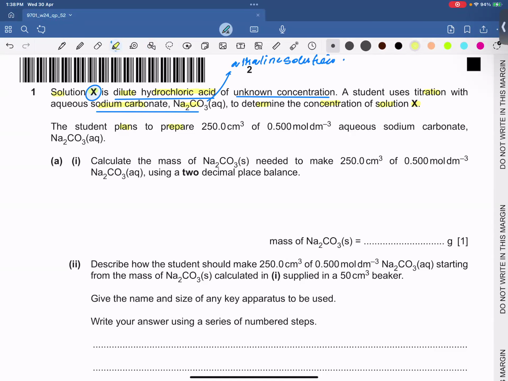The student plans to prepare 250 cm³ of 0.5 mol per dm³ aqueous sodium carbonate. Calculate the mass of sodium carbonate solid needed to make 250 cm³ of 0.5 mol per dm³ using a 2 decimal place balance. A 2 decimal place balance is not as accurate as a 3 decimal place balance. We have discussed that in class. So let's find the mass of sodium carbonate. We know the concentration, we know the volume.